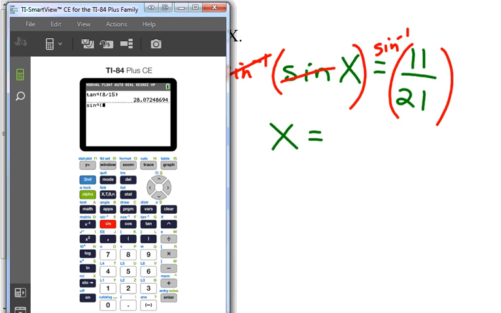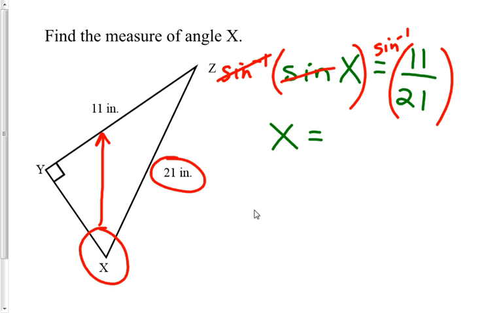Second sine of 11 divided by 21 equals 31.6 if we're rounding it to the decimal. Degrees, if I'm asked to round it to the nearest degree, 32 degrees.